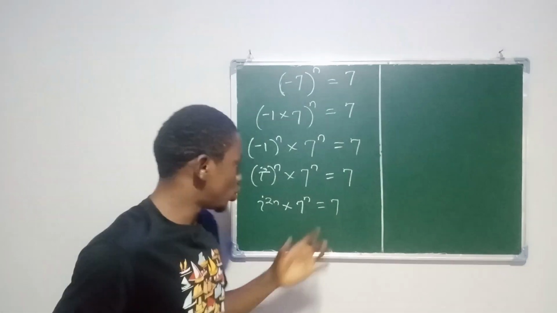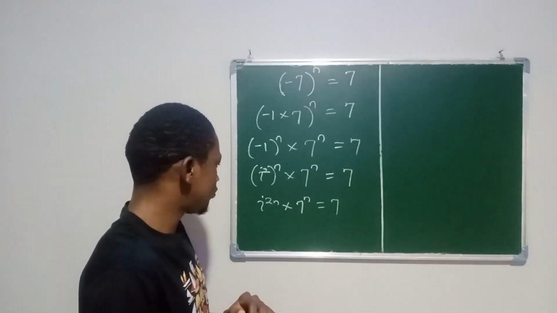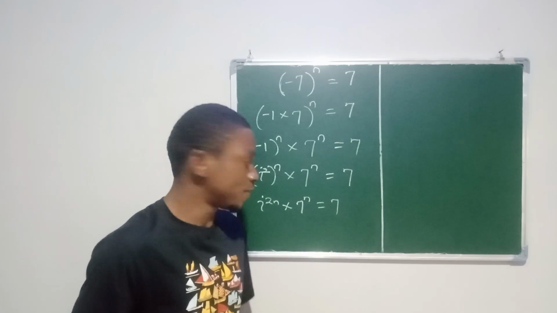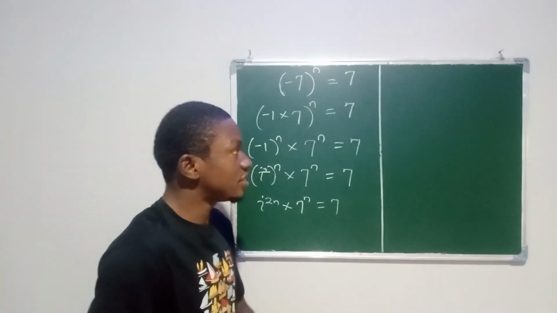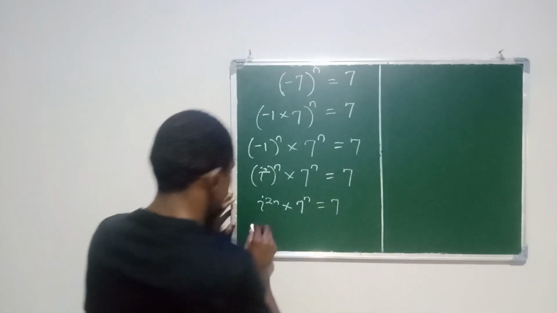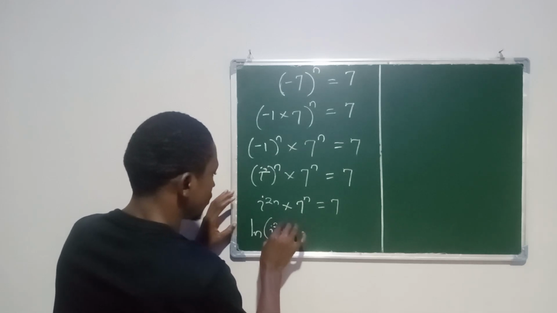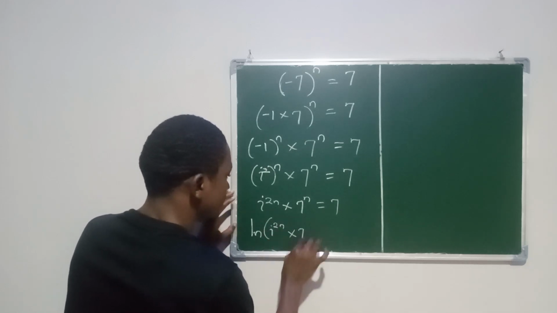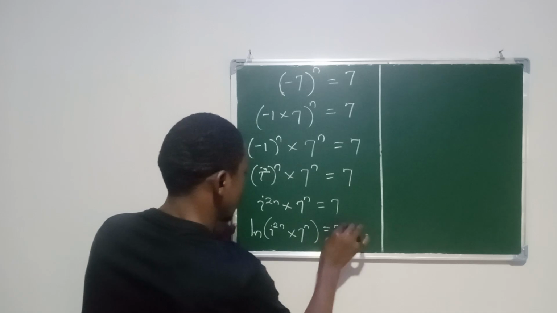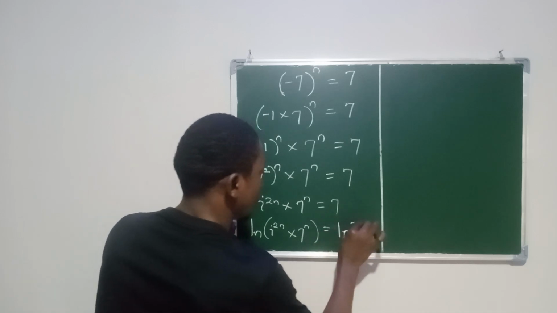At this point, we can take the log of both sides. So we have the natural log of i raised to the power of 2n multiplied by 7 to the power of n is equal to the natural log of 7.